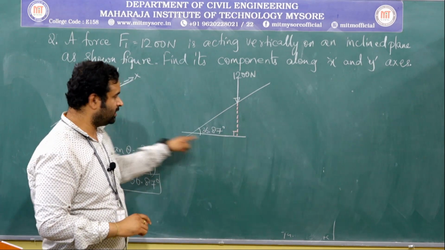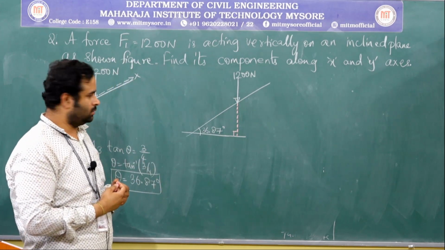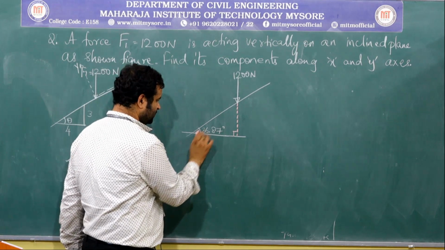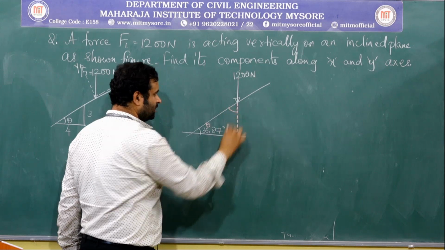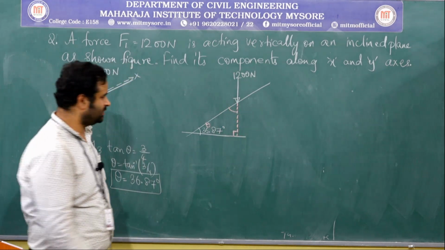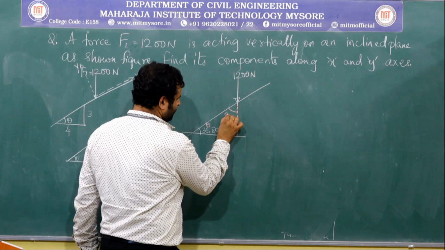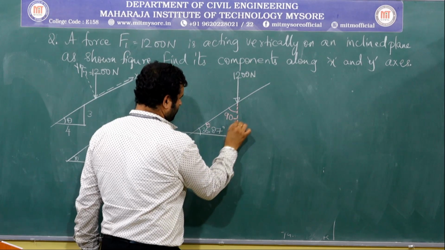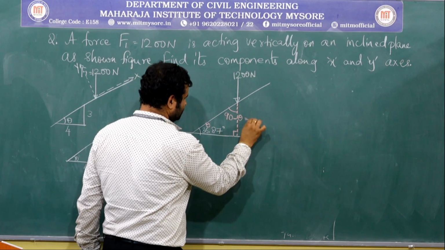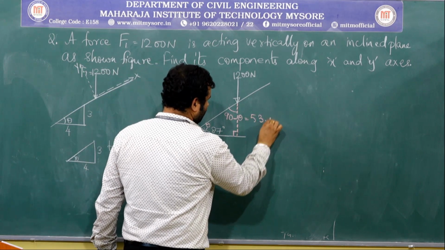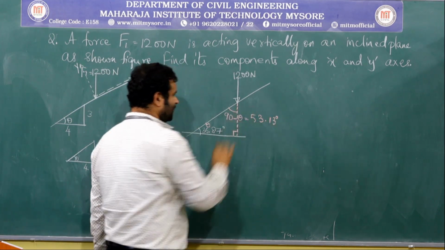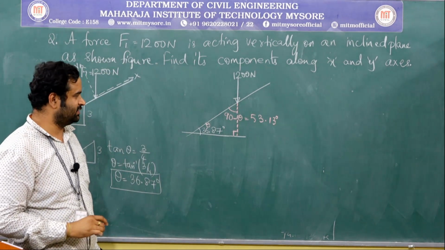This is nothing but a right angle triangle. Now, if this is theta and this is 90 degree, what about this angle? It is 90 minus theta, which is nothing but 53.13 degrees. This is the angle 53.13 degrees.